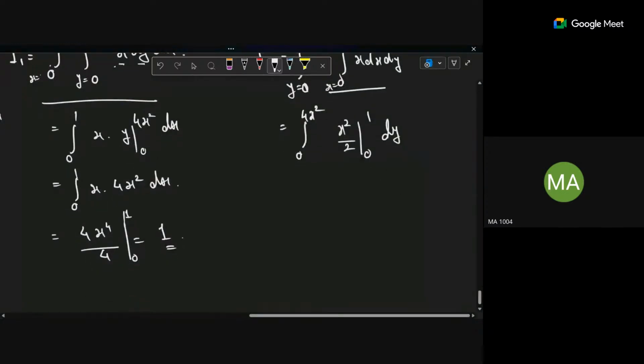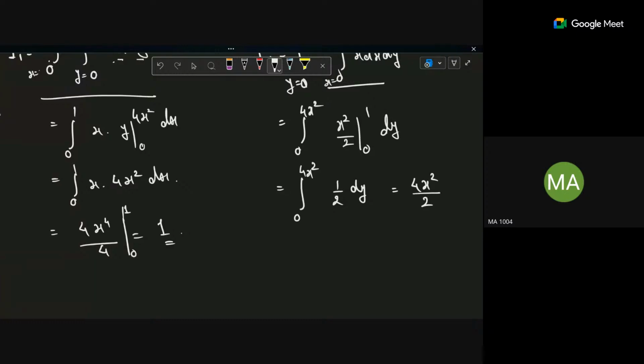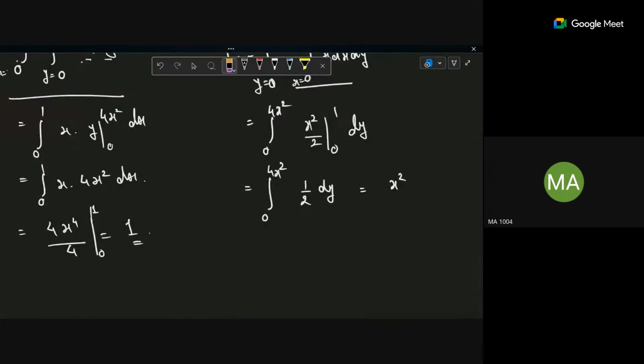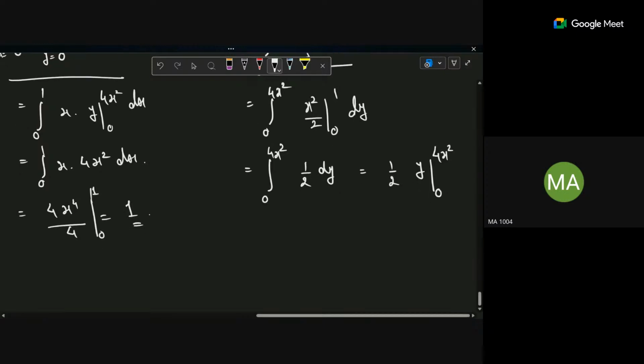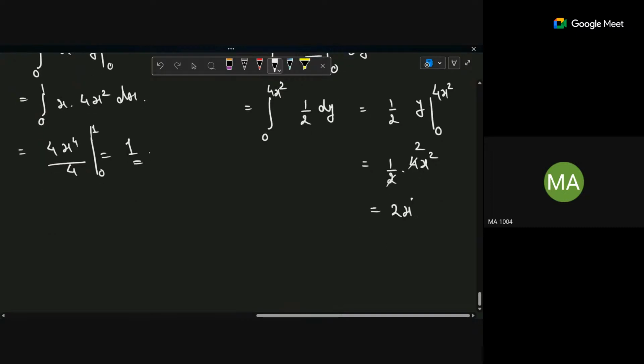And then what are you left with? 1 by 2 only, right? dy. You again integrate it and you will get 4x square by 2 as a final answer. 1 by 2 outside and the integral of dy is y. Take the upper and lower limits, and you will get 1 by 2 times 4x square, so it's twice x square. So your answer is in terms of twice x square, right?